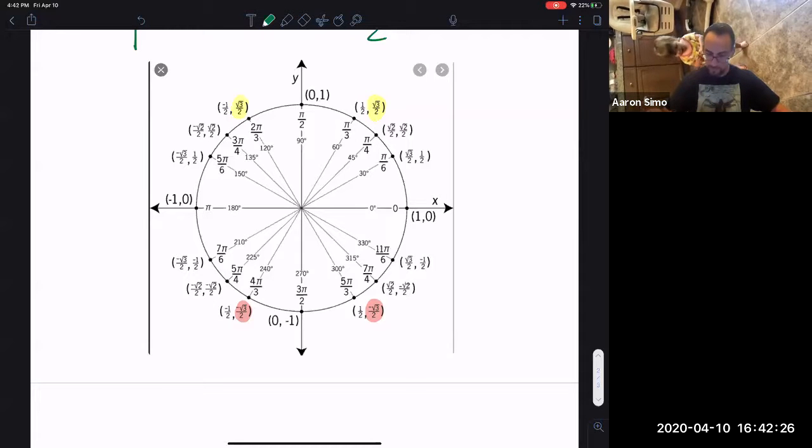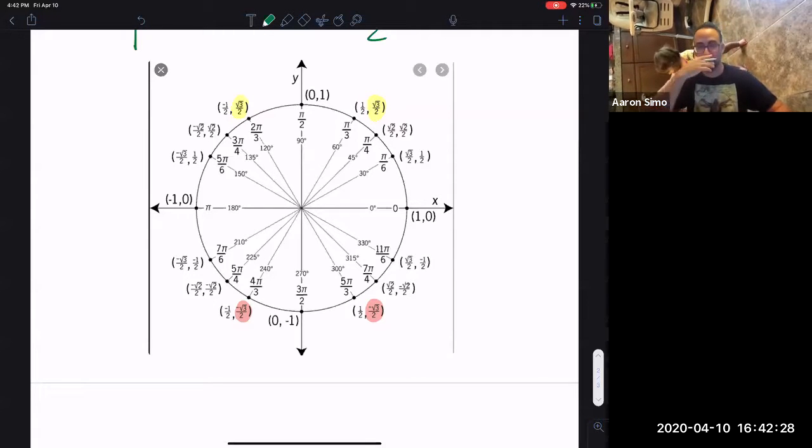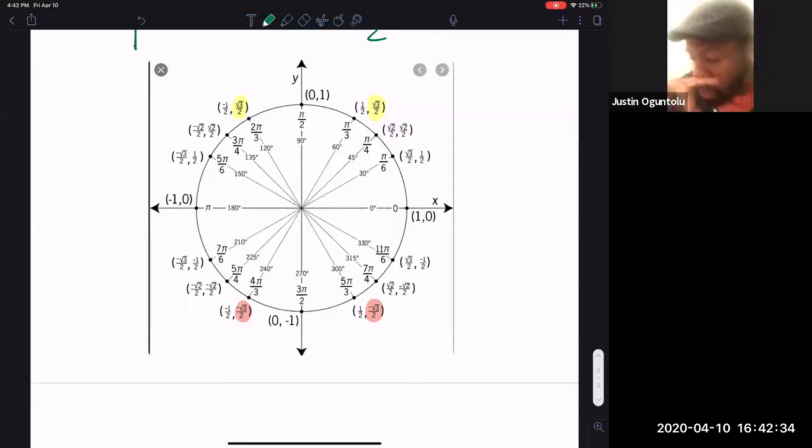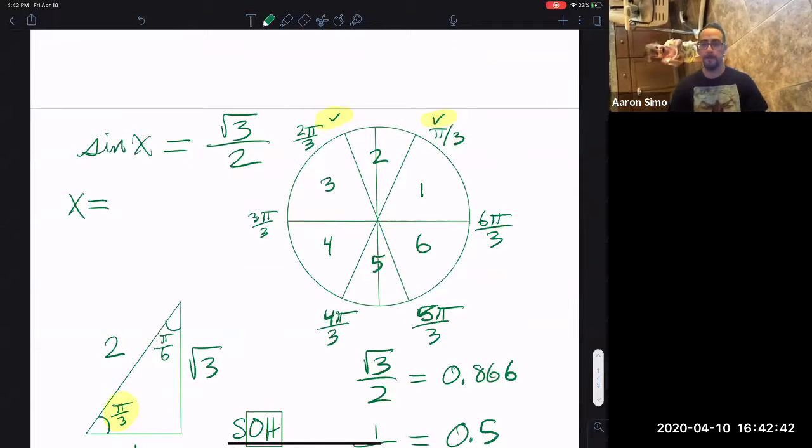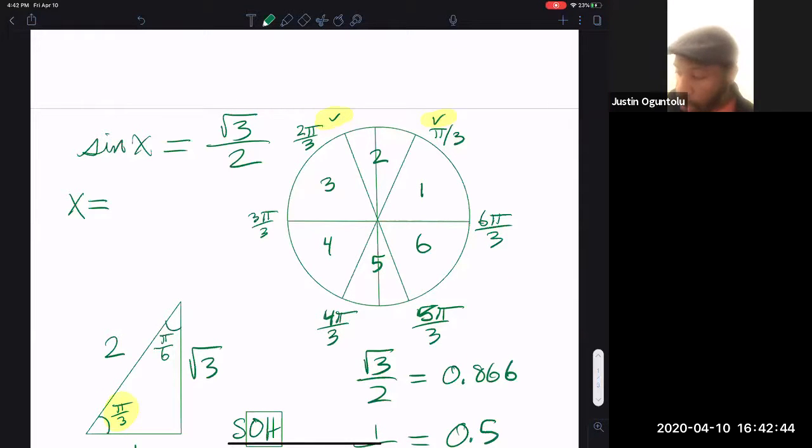Cool. So you want to try another question like that? I'll let you do one. See if you can get it. Sure. By the way, what's the answer? Where does sine x equal √3/2?